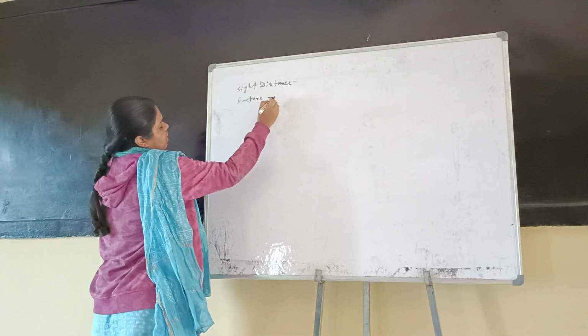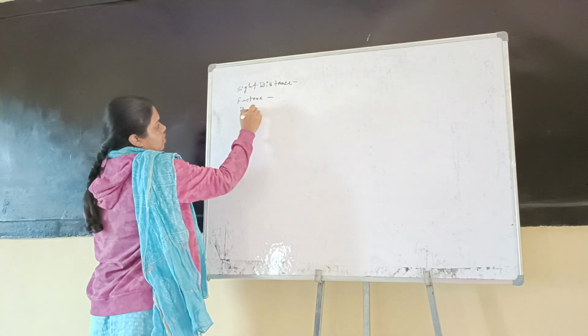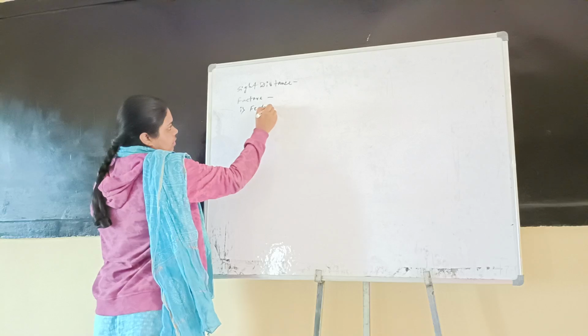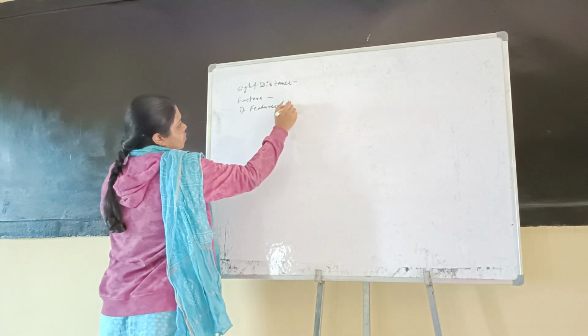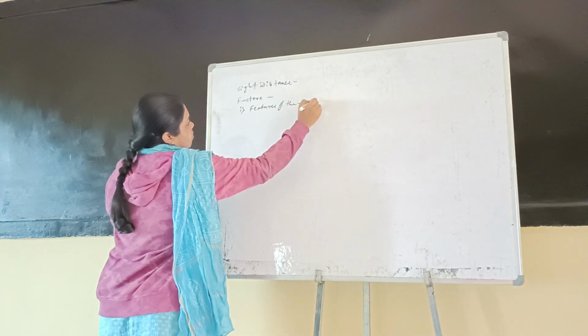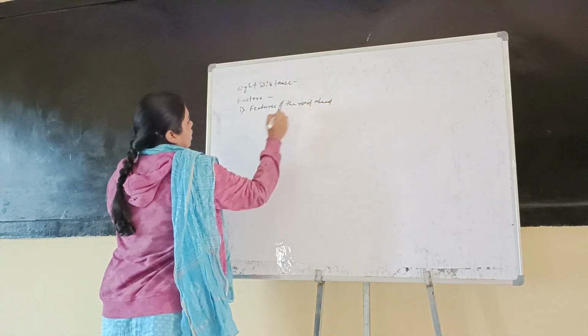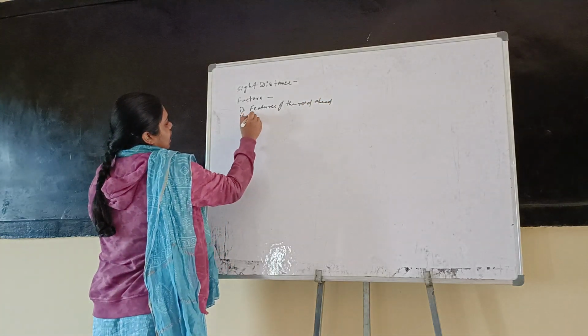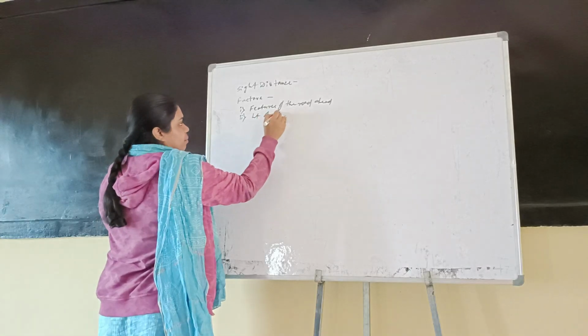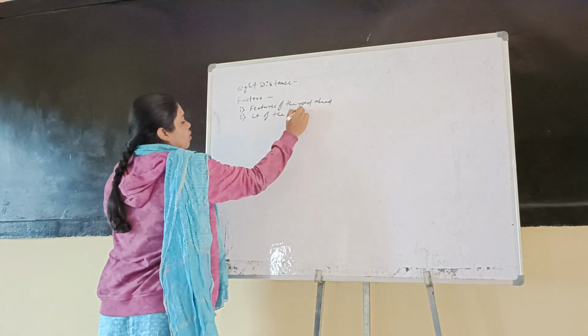So the factors are, first, the features of the road ahead. Then second, the height of the eye level above the road surface.